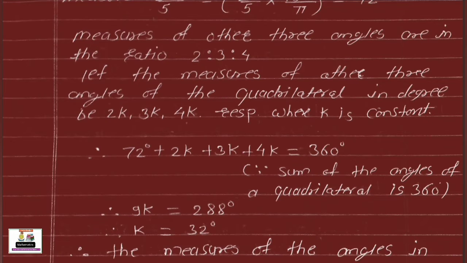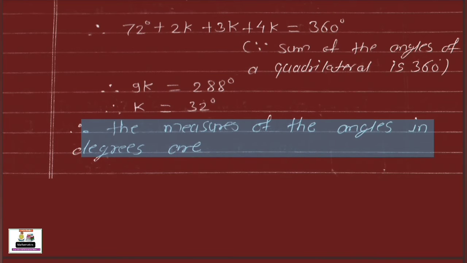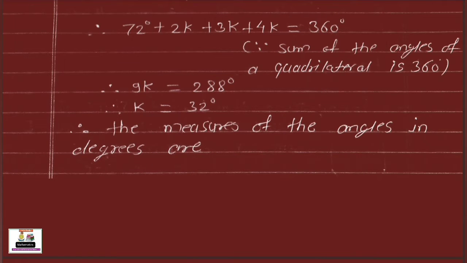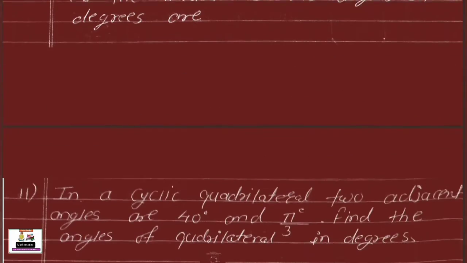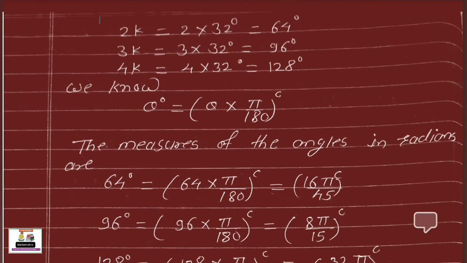Then again 9k is equal to 288 degrees, so k is equal to 32 degrees, and hence the measures of the angles in degrees are as follows. First angle is 2k.